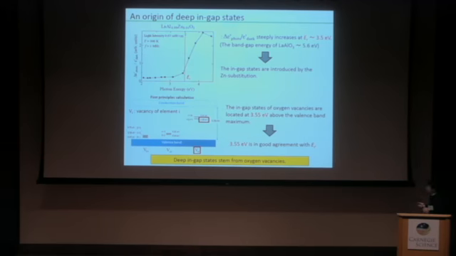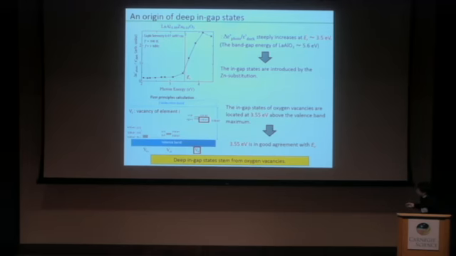Next, to clarify the origin of in-gap states, we investigated the energy levels for various defects in lanthanum aluminate by first principles calculations. In this figure, the result for only vacancies are shown.